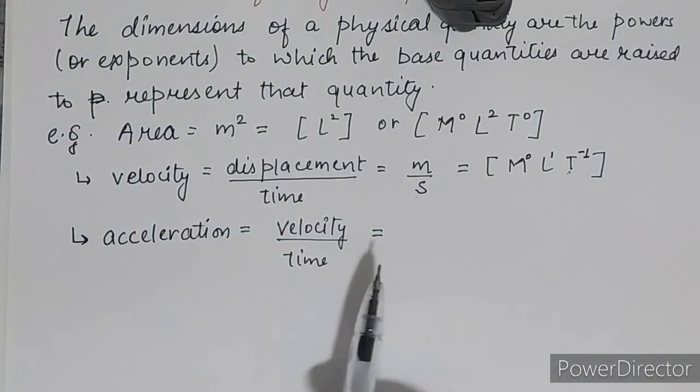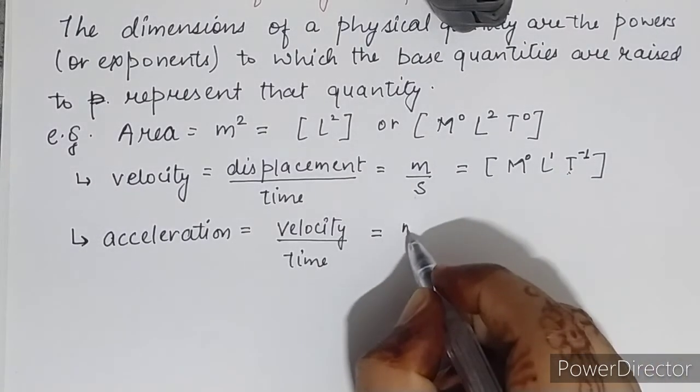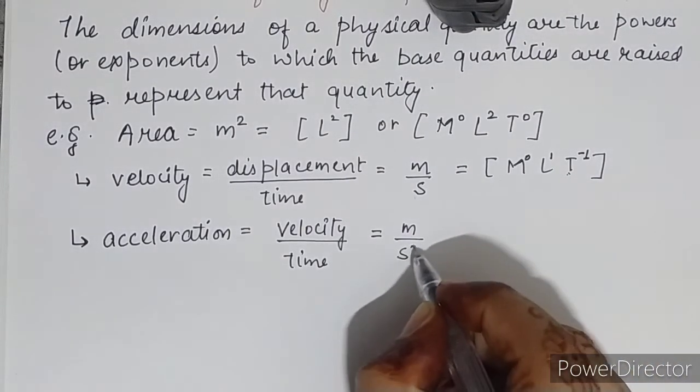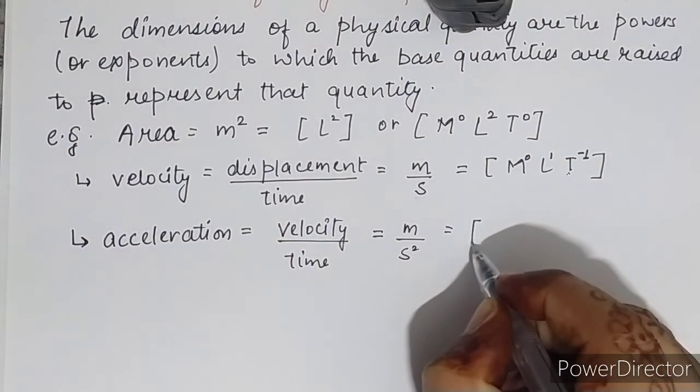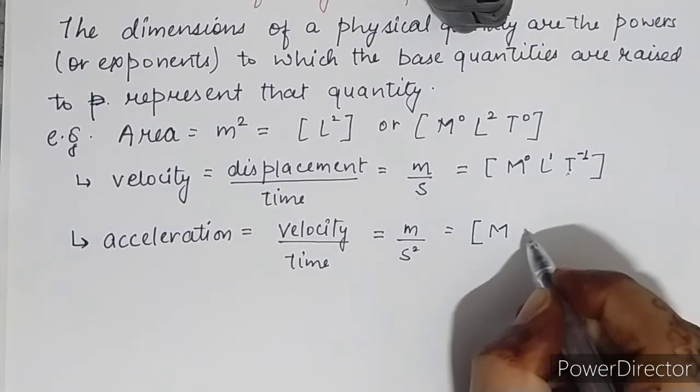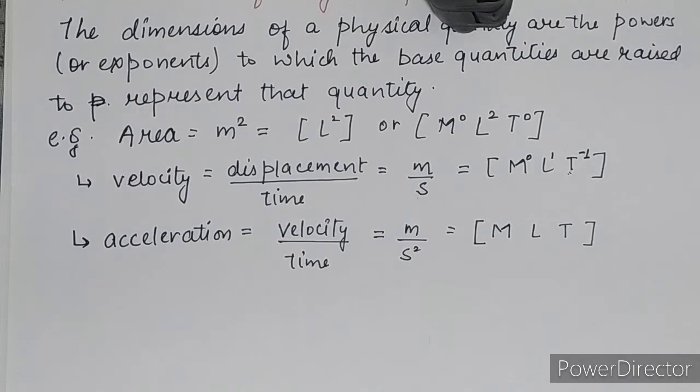Velocity has the unit meter per second, divided by second, so meter per second squared. Now we have to write the dimensional formula of acceleration in the square bracket, MLT.